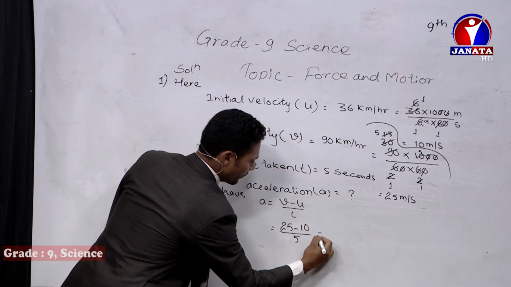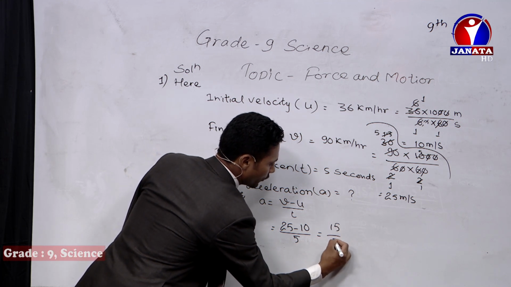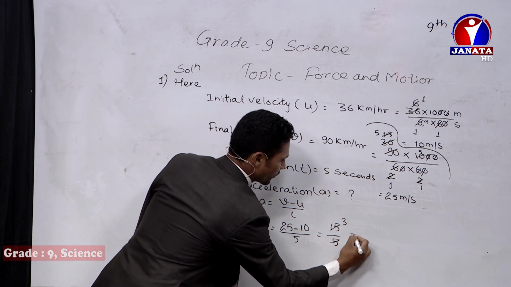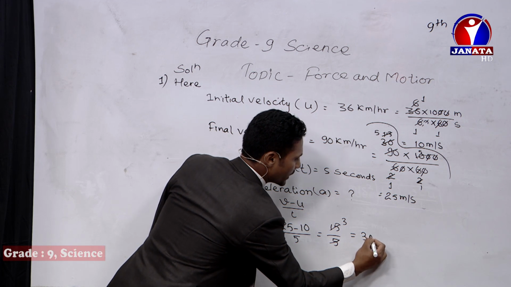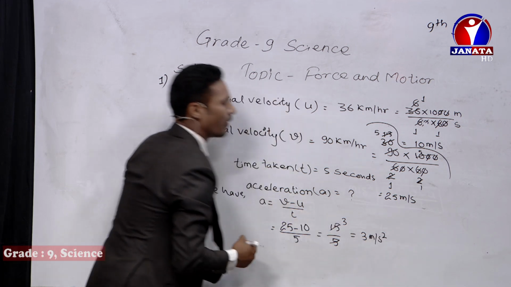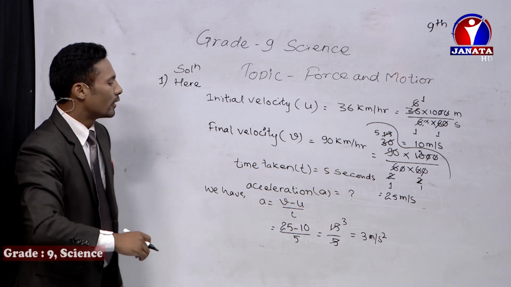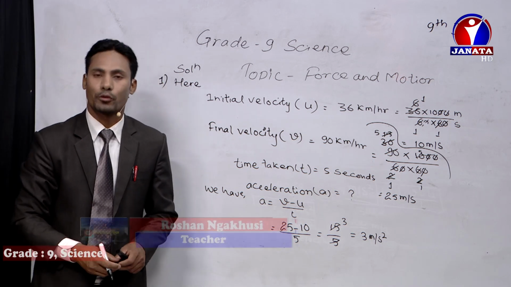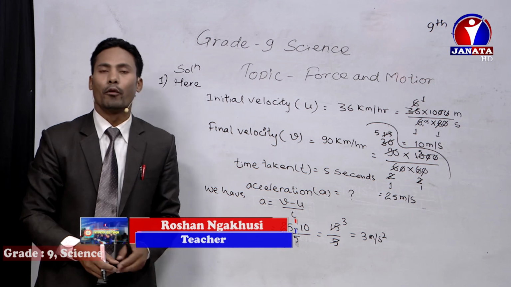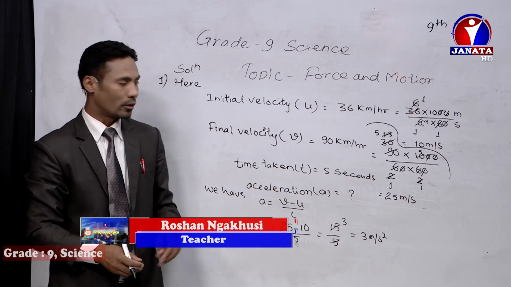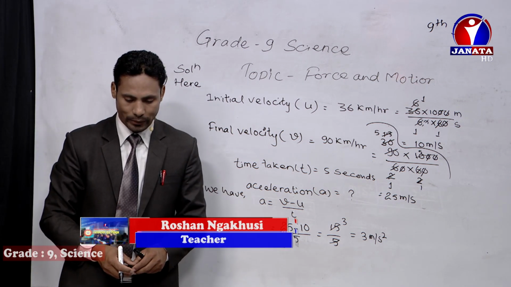If you simplify this, it is 15 by 5, and 5 3s are 15. So this is 3 meter per second square. Therefore, the acceleration of the car is 3 meter per second square. You can write the conclusion in words also. Okay, so by this process we can solve the numerical.